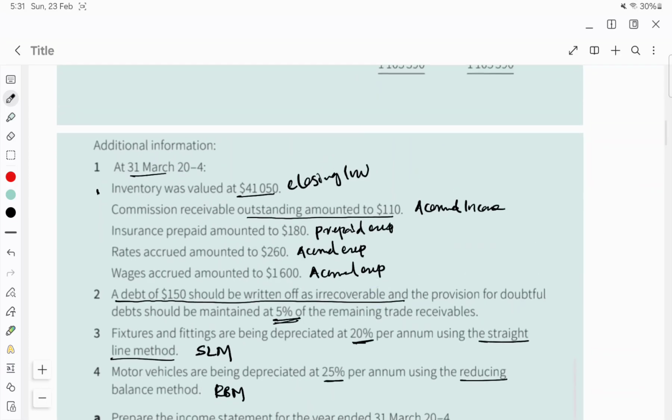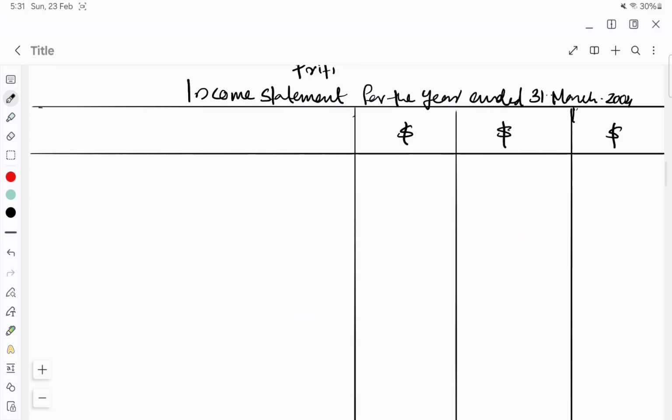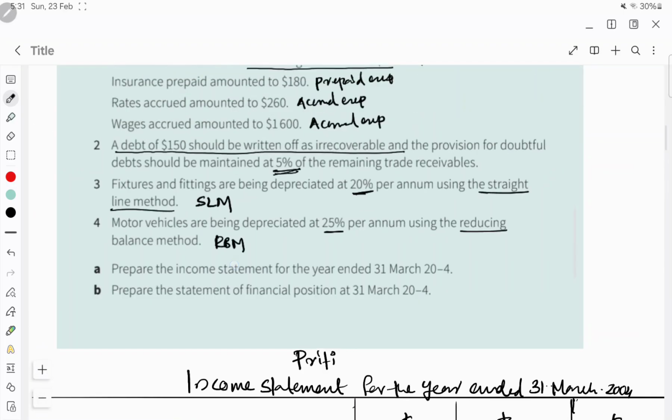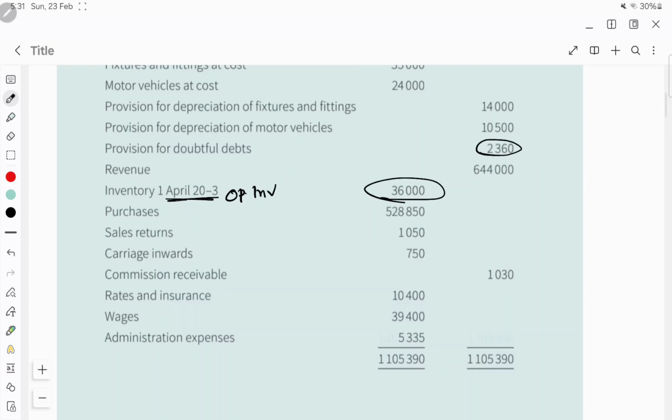So we'll start the problem. Our main equation is revenue minus cost of sales. What is revenue here? Revenue is equal to sales minus sales return. Check whether sales return is there or not. Yes, sales return is there.